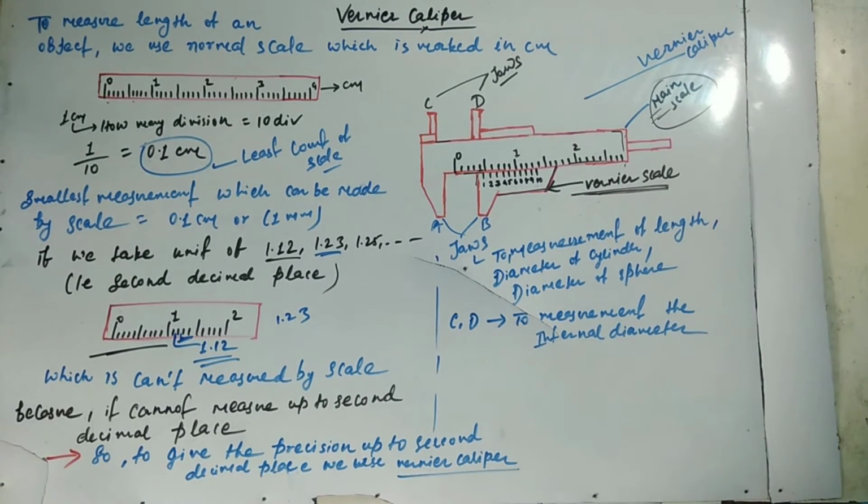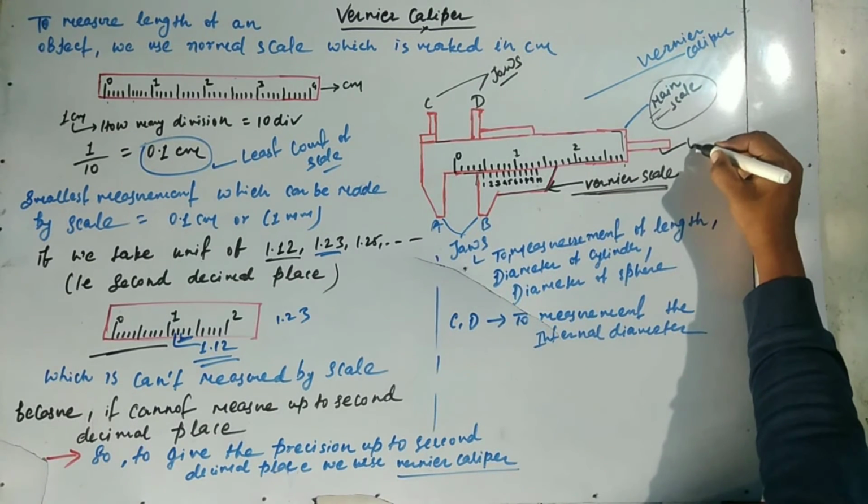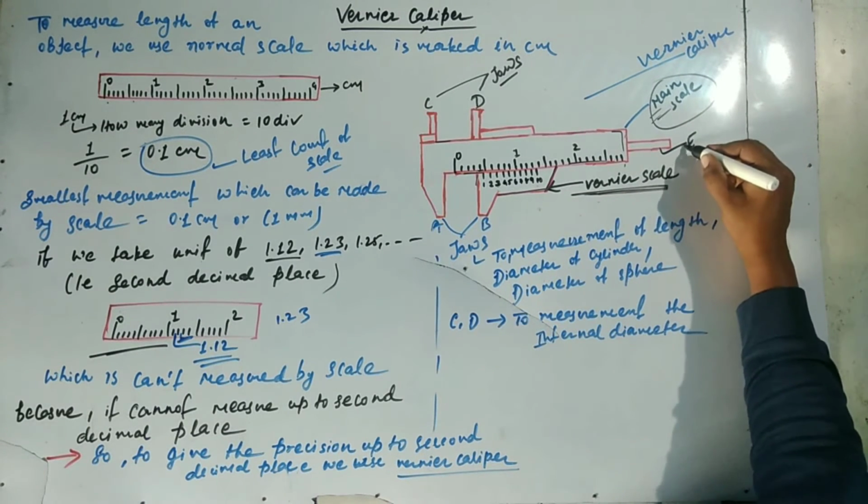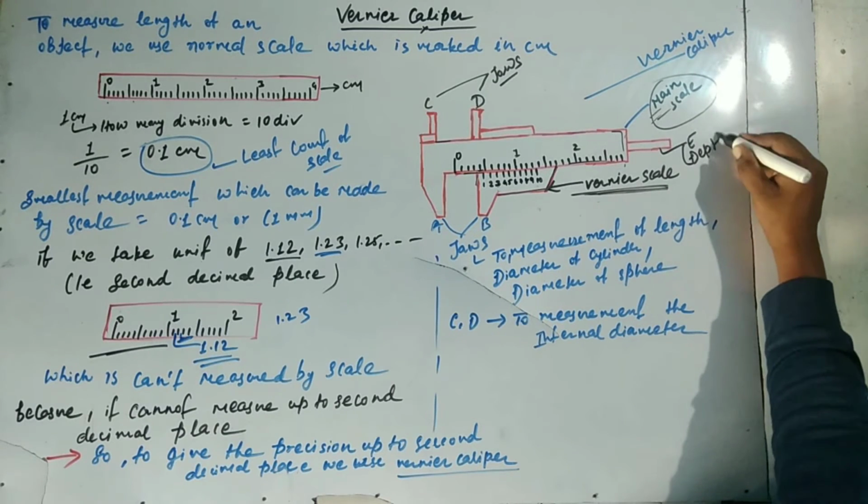In the Vernier caliper, the next part is at the tail side, that is E, and it is called the depth gauge.